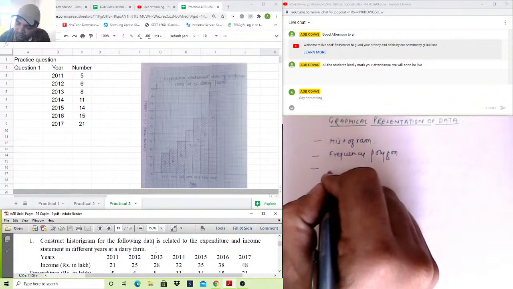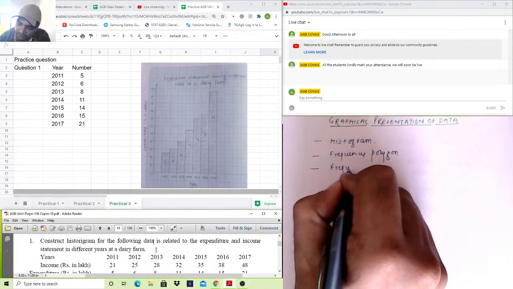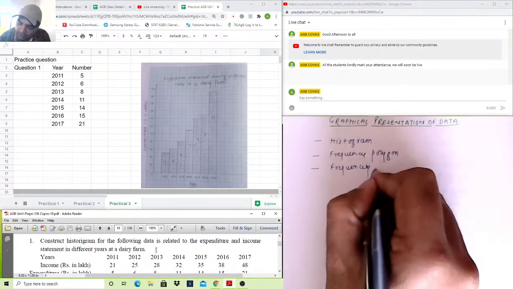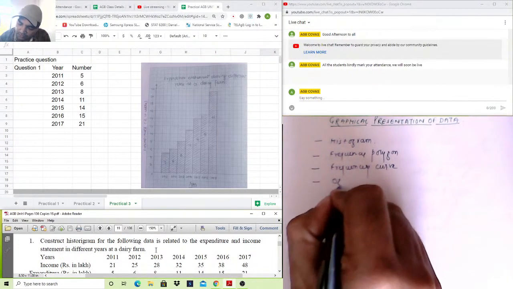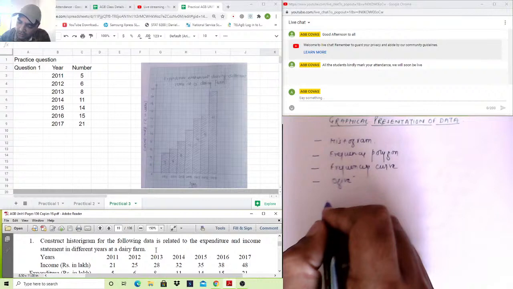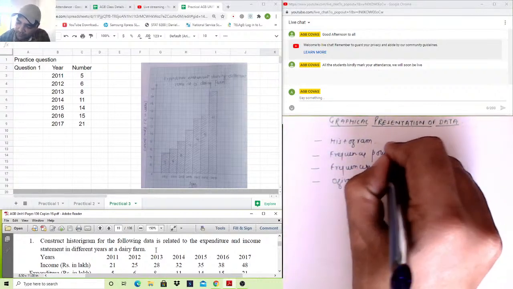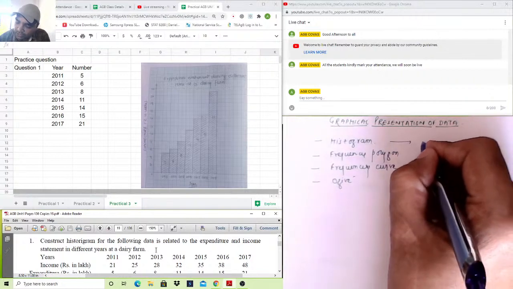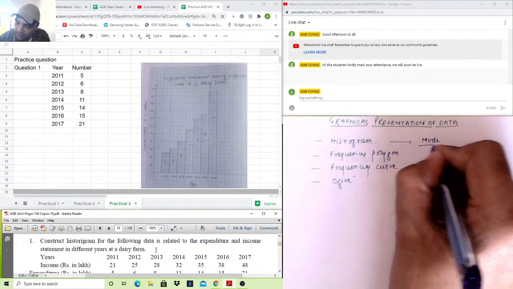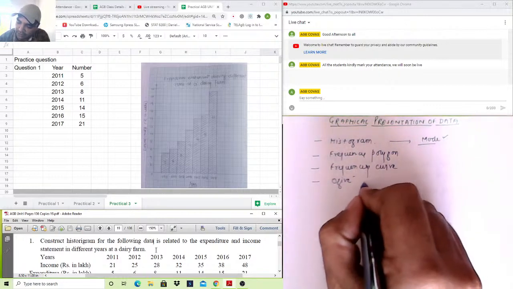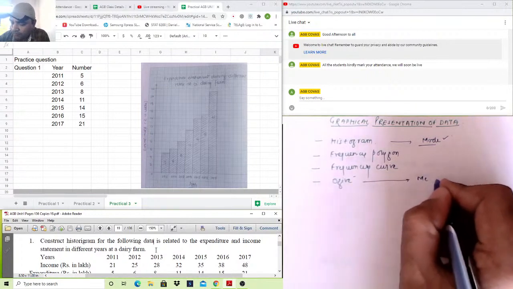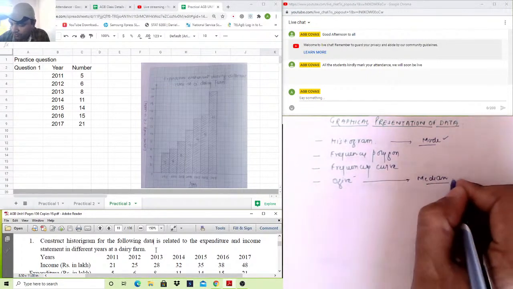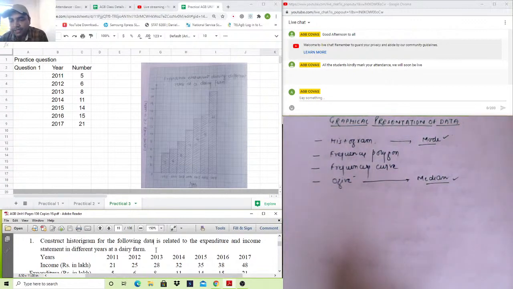Then we will take up the frequency curve. Then we will be making the formula in these three questions. From the histogram, we will learn how to calculate the mode, and we will learn how to calculate the median graphically from the formula.